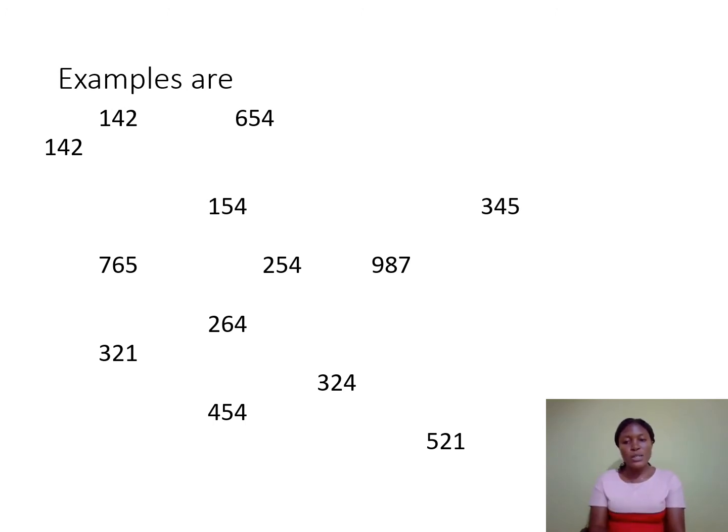We can also see 987. We also see 345. We can also see 264, 454, 324, and then 521. Good.